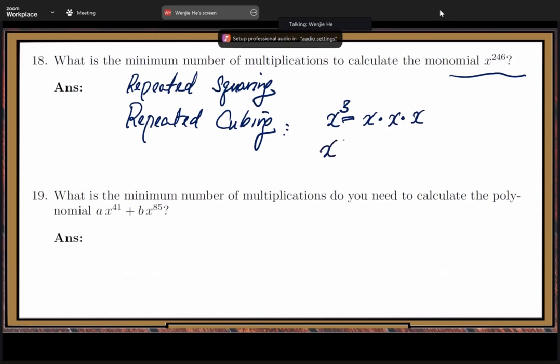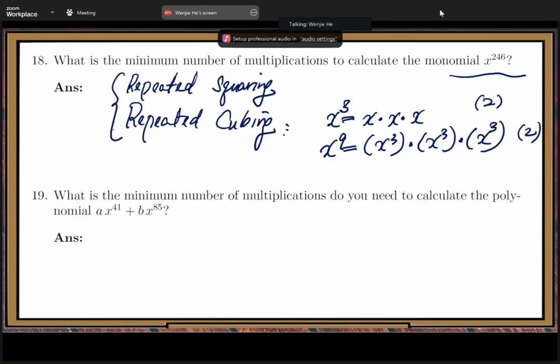For x to the 9th, you do the cube way, so here, two multiplications each. And sometimes you may need to try this way; you can do slightly better.